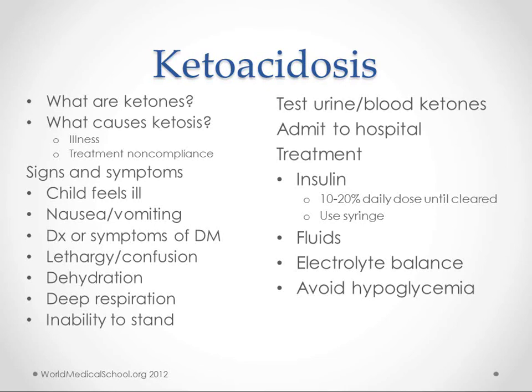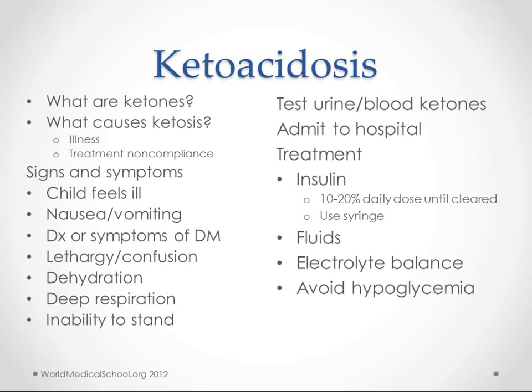All ketoacidotic kids are dehydrated, so you get all the signs of dehydration. Deep respiration is called Kussmaul breathing, a later stage of ketoacidosis, and at some point you get an inability to stand. So all these things are reasons to get to the hospital.